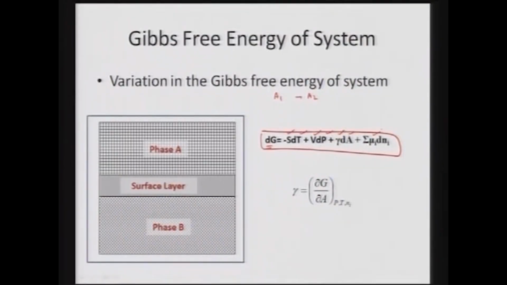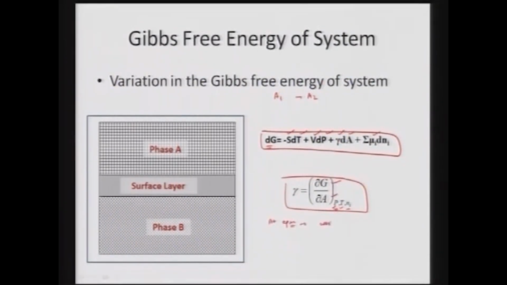Once we keep all other entities constant, the pressure, temperature, and the number of moles, we can get surface tension as a function of the Gibbs free energy with respect to change in the area. So at equilibrium, what will happen?